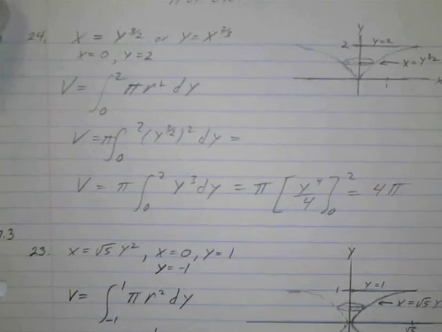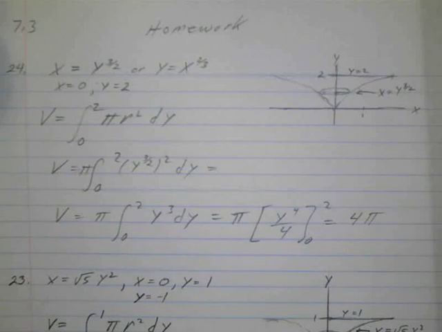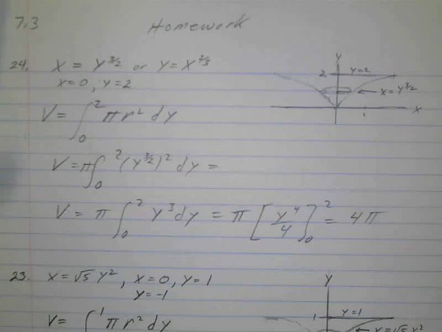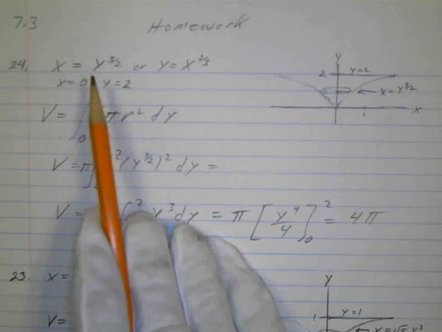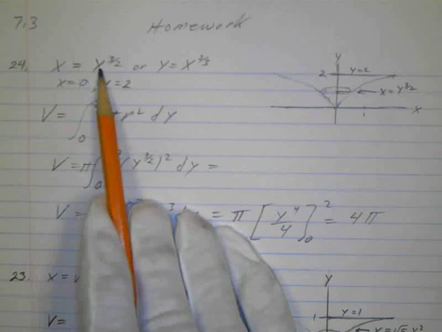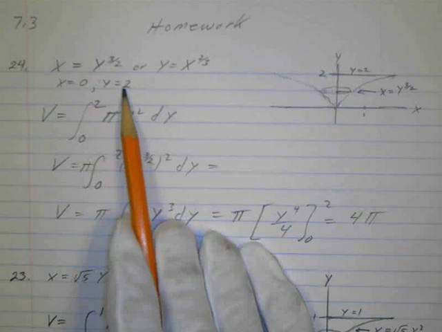And then the next one, number 24. So we have here, line this up. And again, we have the region bounded by these curves. x equals y to the 3/2 power, x equals 0 and y equals 2.